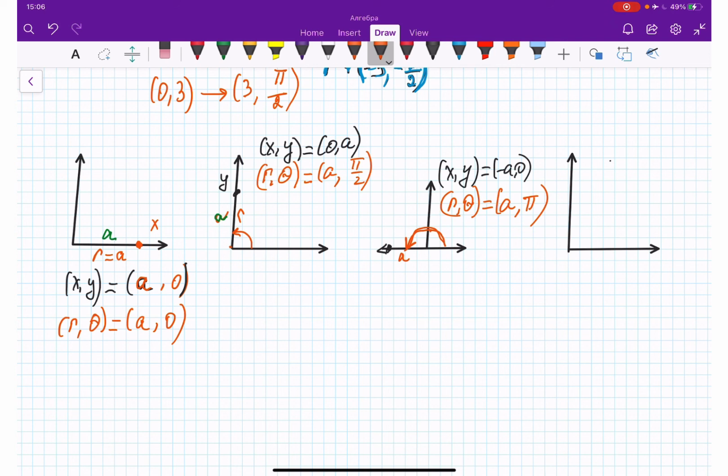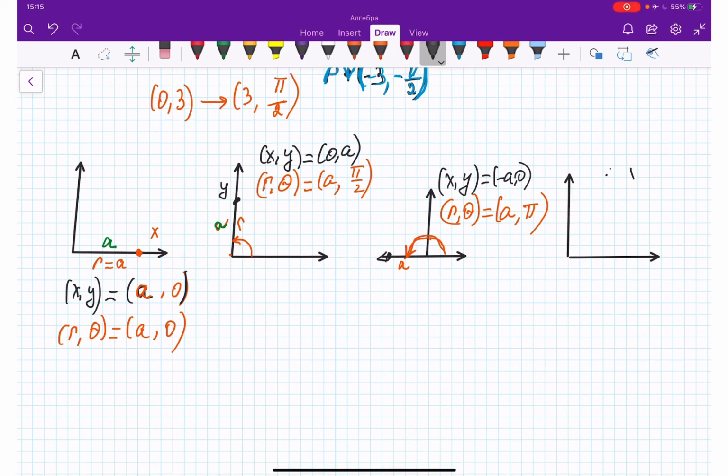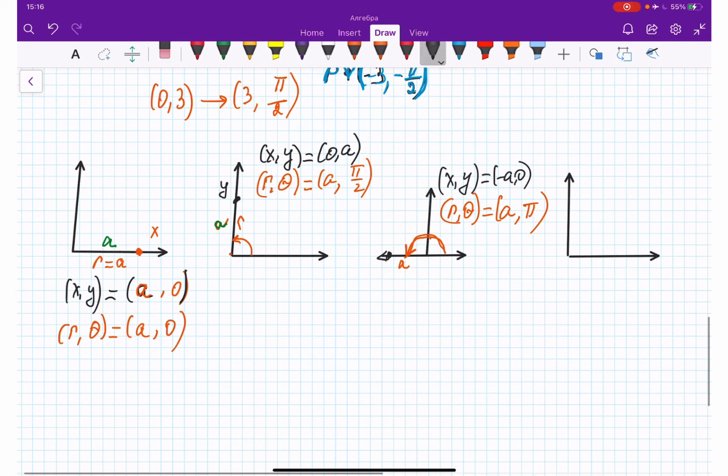And lastly we have (x, y) equal to (0, negative a). Let me rewrite it nicely.